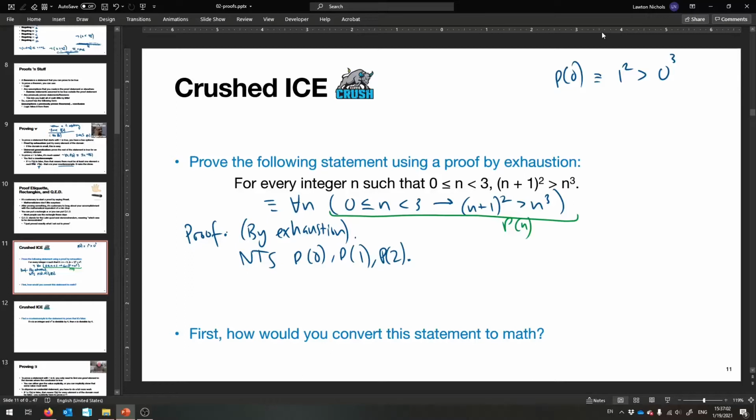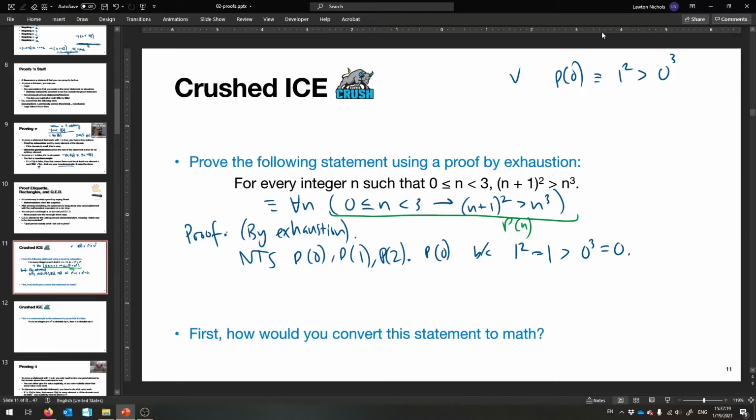That is totally true, because 1 is greater than 0. Yes, that checks out. So P(0): 1² equals 1, which is greater than 0³, which is equal to 0.